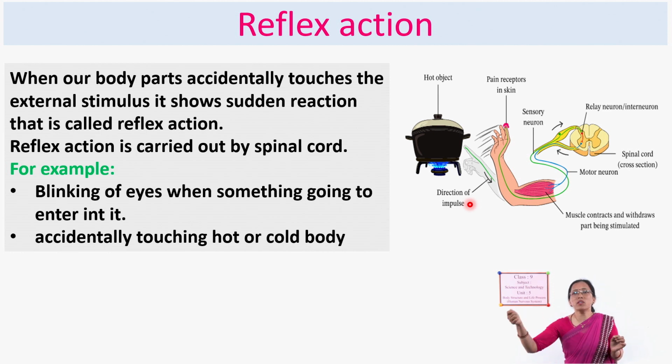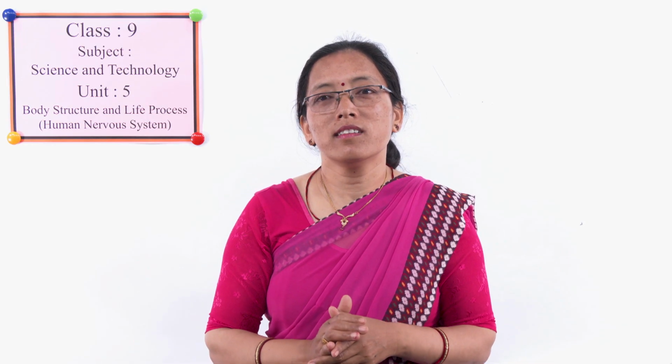Or someone pinches you, and that is painful. Then what do you do? If somebody pinches you unconsciously, without your knowing, your hand goes to his or her cheek. That is also reflex action.